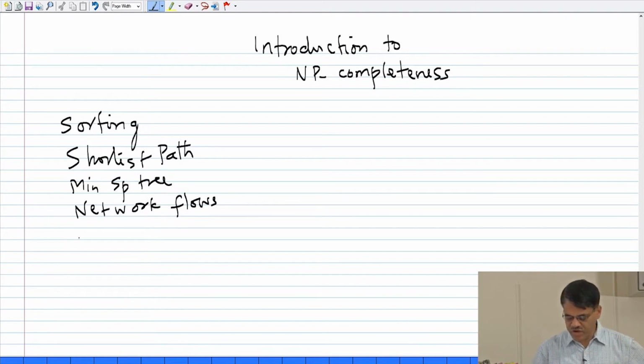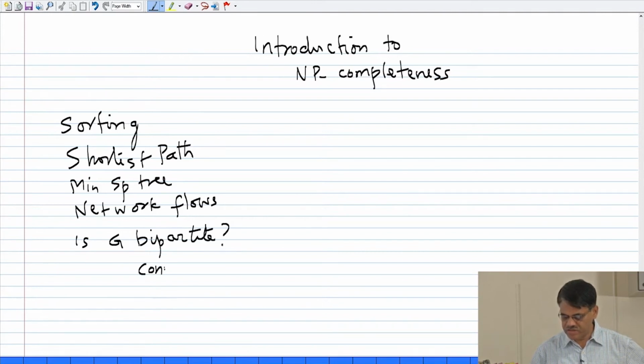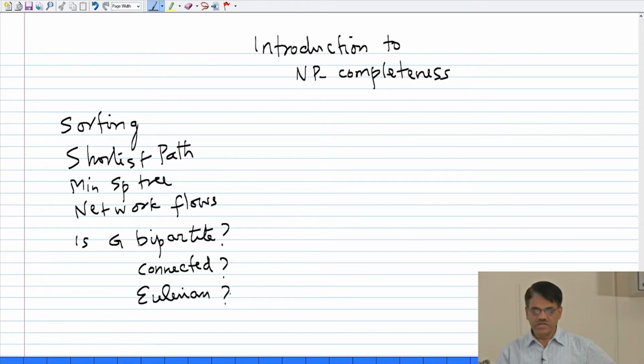And then we also looked at algorithms for questions like: is G bipartite, is the given graph connected, is it Eulerian. So, here are a bunch of problems for which there exist very efficient algorithms: linear, almost linear, m log n, n square, n cube kind of algorithms.